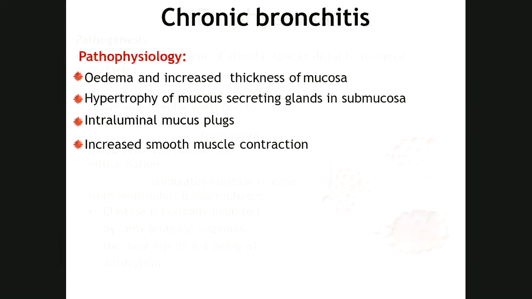Chronic bronchitis involves inflammation, edema, thickening of the mucosa, and hypertrophy of the muscle with some constriction. Bronchitis, asthma, emphysema, these are all disorders. Yes, emphysema could be genetic and it could be caused by smoking.